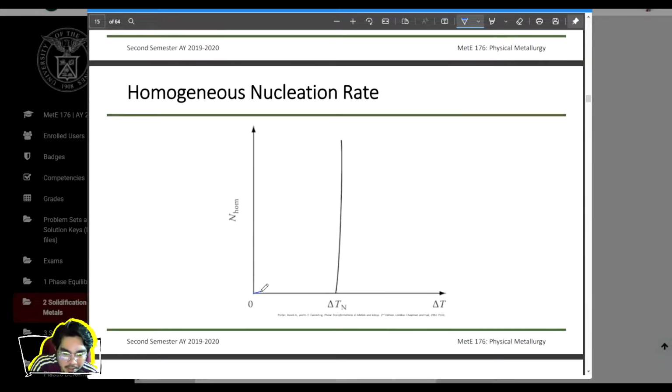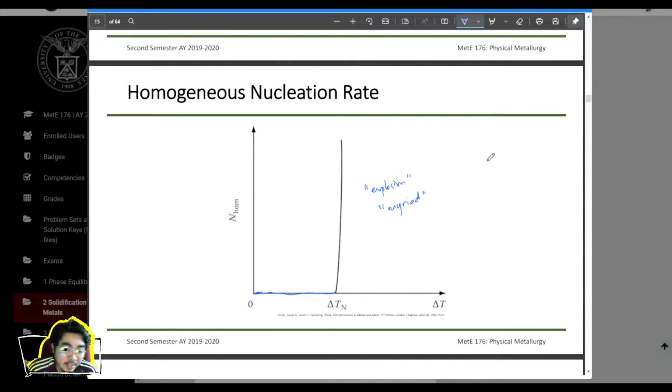So parang zero siya, it starts at zero, almost undetectable siya, tapos bigla pagpasok sa delta Tn, biglang magsa-spike up siya, mag-shoot siya ng ganyan, yung homogeneous nucleation rate. Tapos you can consider this as an explosion of, and yung terms na ginagamit ng reference namin is myriad, a myriad of nucleation sites.